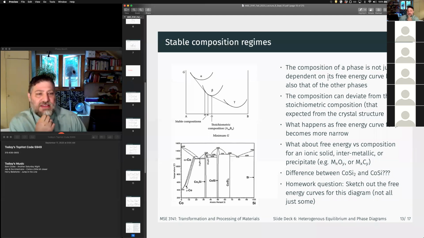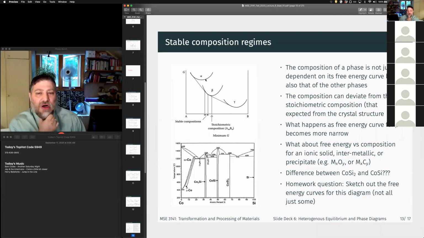What this says is that the composition of our phase is not just dependent on the free energy of the phase itself, but also the free energies of the phases near it on the energy diagram.